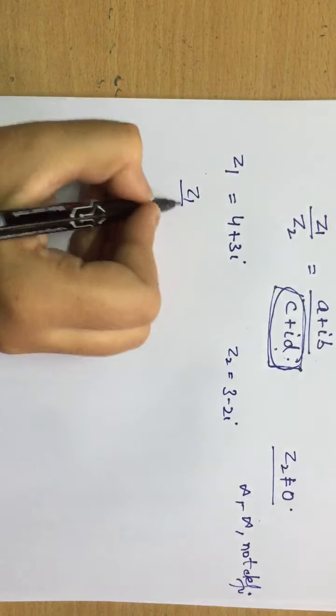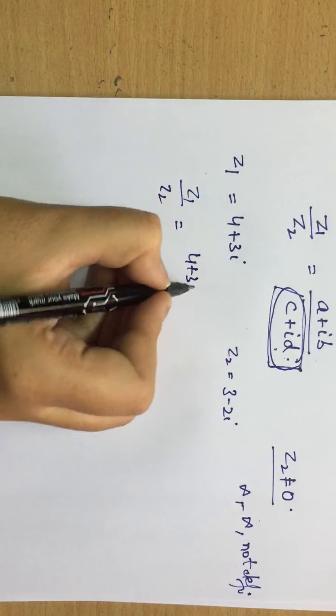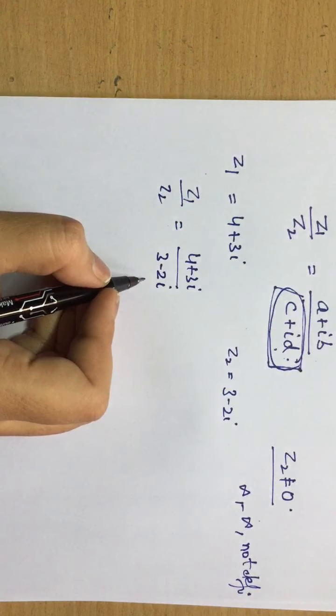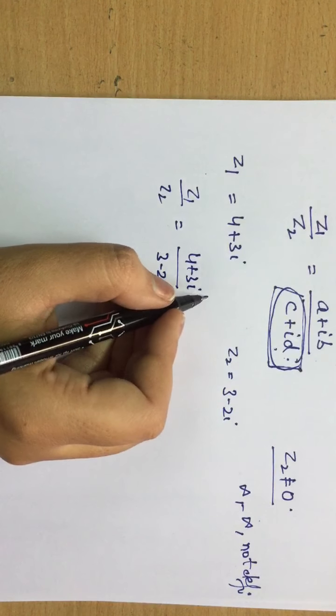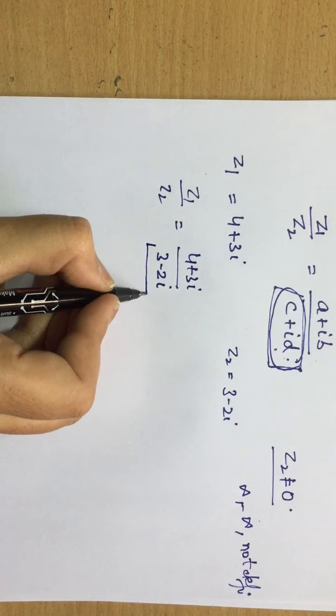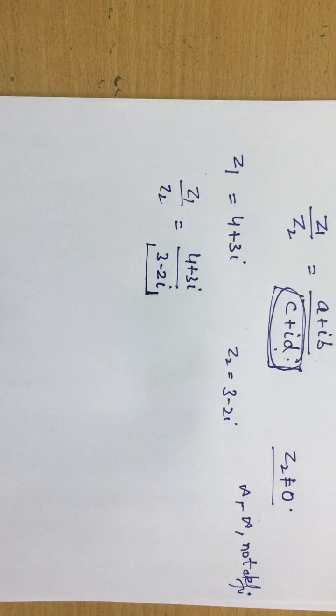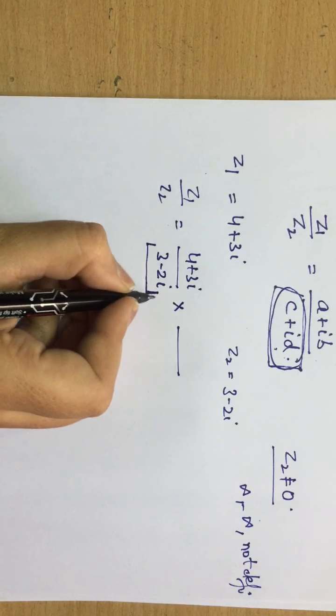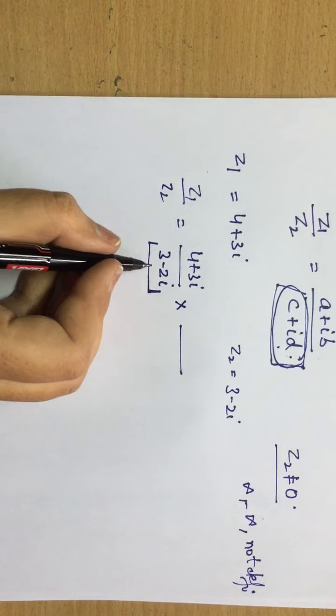So z1 by z2 will be 4 plus 3 iota over 3 minus 2 iota. So division is done, but it is not in the simplified form. Why so? Because the denominator contains iota. So I have to remove the iota sign from the denominator. How will we remove it?